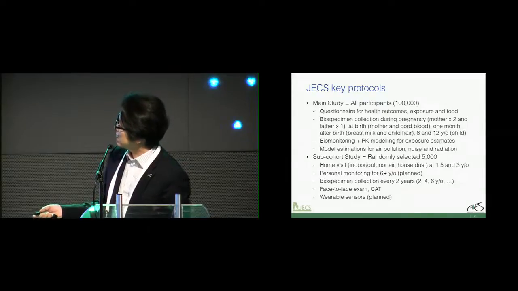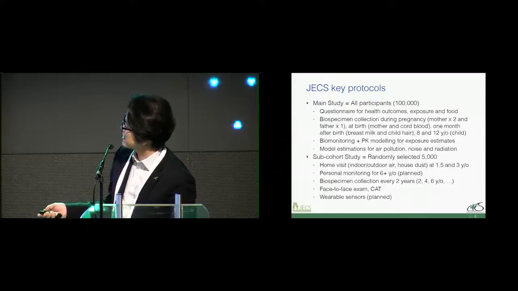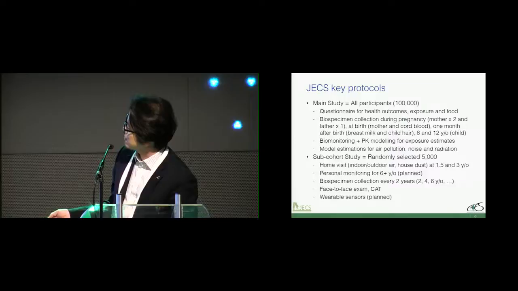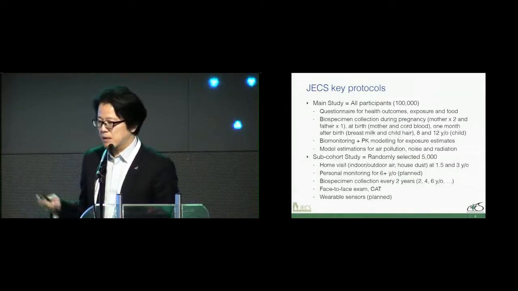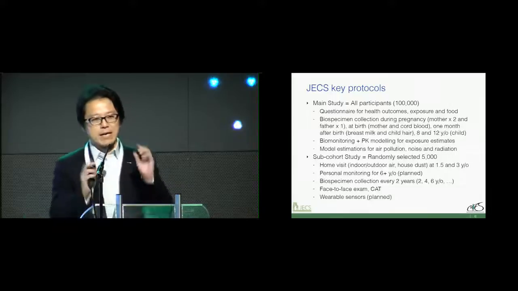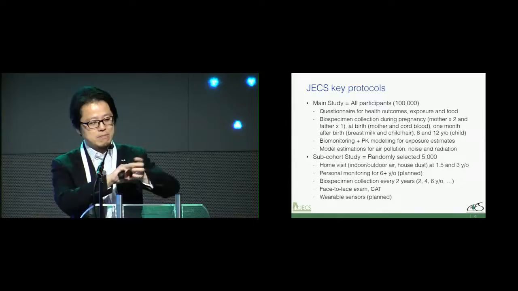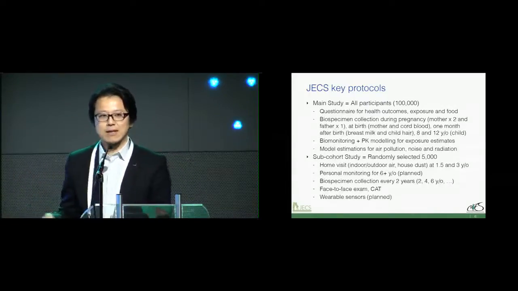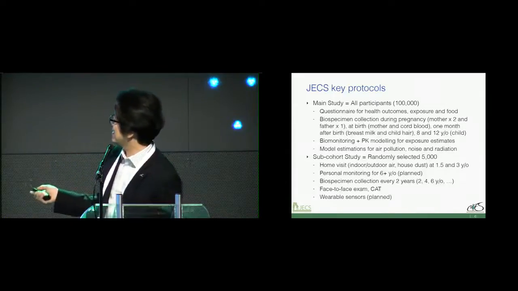For the more extensive study, we can only do 5,000, like home visits, personal monitoring, biospecimen collection, and face-to-face exams, like available sensors. So if you want to use a $200 Fitbit and deliver that to 100,000, it's going to be a huge amount of money. So we can do it only for probably 5,000.